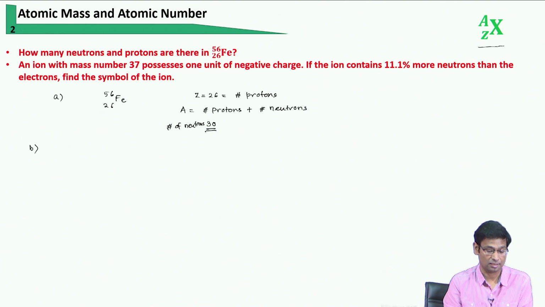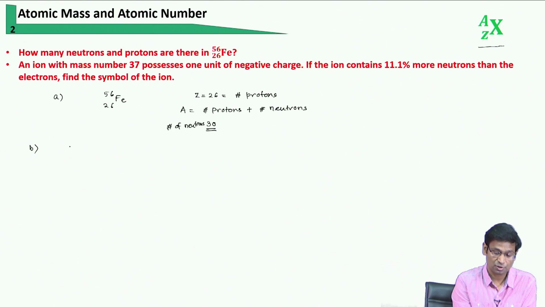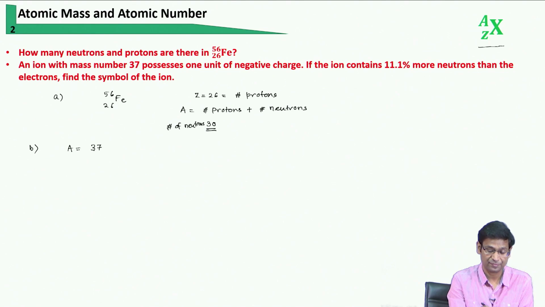Now, let us look at another question which also uses a similar concept. This says that you have an ion whose mass number is 37. So the A is 37, and it possesses 1 unit of negative charge. When an atom has 1 unit of negative charge, we call it an anion, and it happens because it has 1 electron extra than its number of protons. So the number of electrons is the number of protons plus 1, then only a charge of minus 1 occurs.